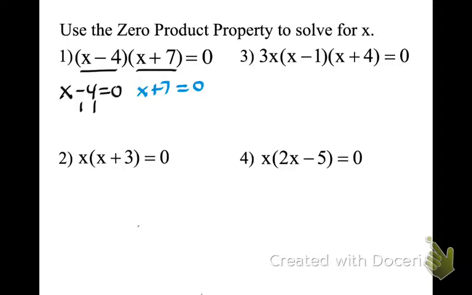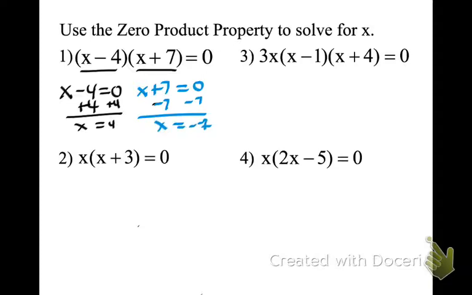I'm adding 4. X equals 4. On the next one, what do I have to do to figure it out? Subtract 7. And x equals negative 7.